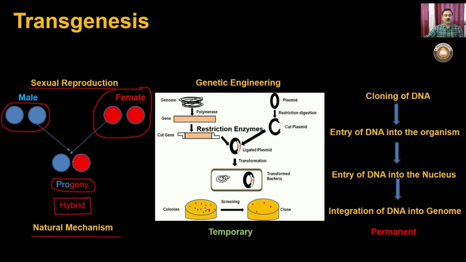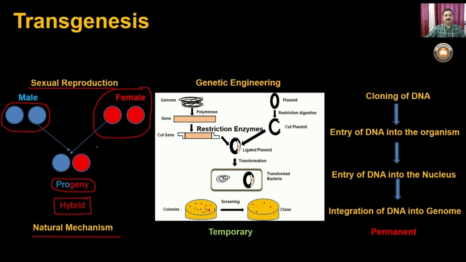These progenies will not be called transgenic animals, because the genes you are introducing into this organism come from the same kind of species. For example, if this is a rabbit, this is also a rabbit, but it could be a rabbit with some definite phenotype.